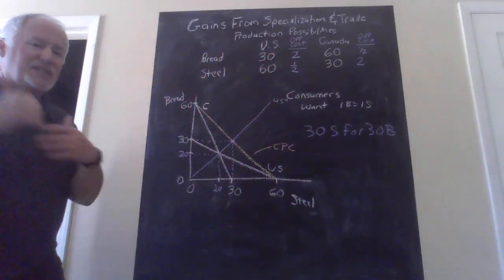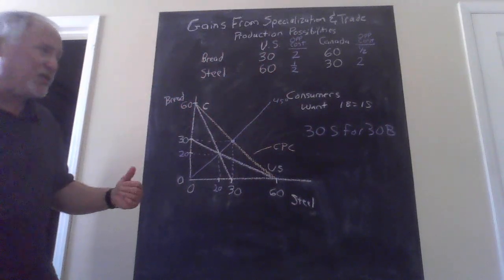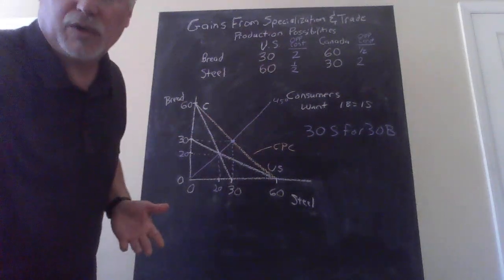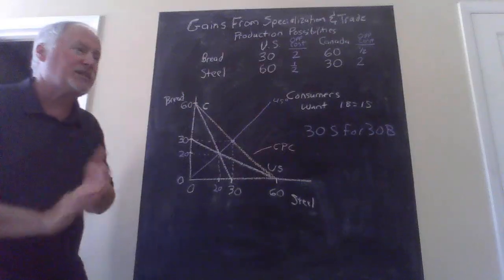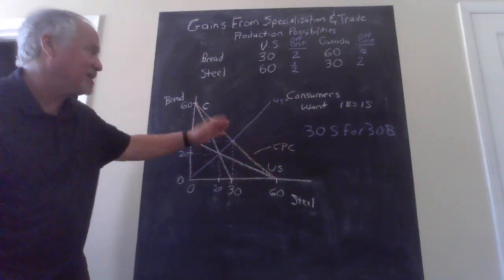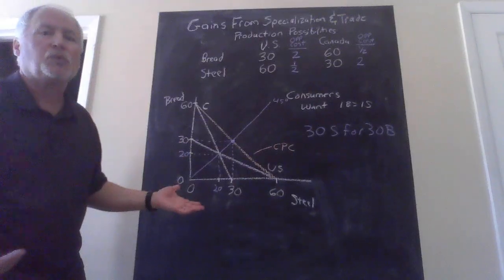The U.S. would want to sell 30 of their units of steel and buy 30 units of bread. And then it turns out that that's exactly what Canada would want to do as well. We don't really want to get into the equilibrating stuff that's going on with prices, but it would turn out in this case this is what it would have to be.